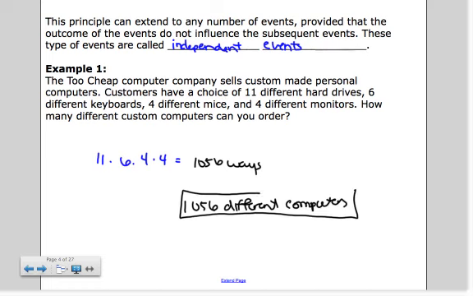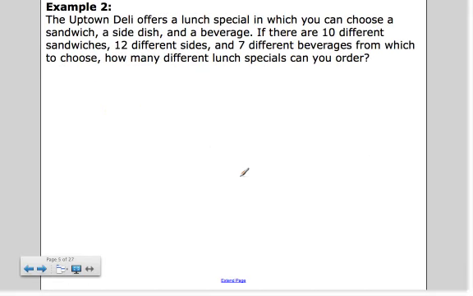If you were wondering how restaurants, for example, have this many different things on their menu, this is what they're doing. They're multiplying the different types of options by each other to get the different types of foods you can get. The Uptown Deli offers a lunch special in which you can choose a sandwich, a side dish, and a beverage. If there are 10 different sandwiches, 12 different sides, and 7 different beverages, how many different lunches can you get?